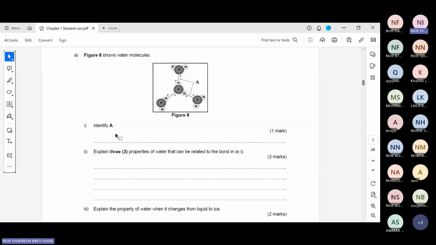For the first property, for example, water is a good solvent. Why is it a good solvent or universal solvent? Because it can form hydrogen bonds with polar molecules such as glucose, or with ions, such as the sodium ion and chloride ion, which is salt.